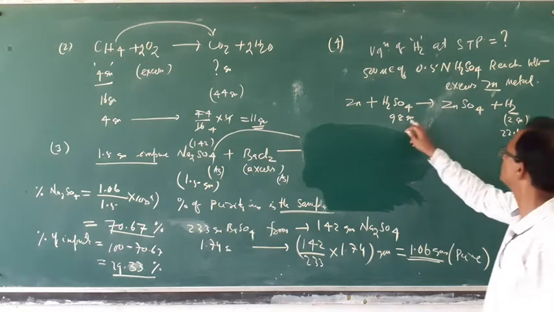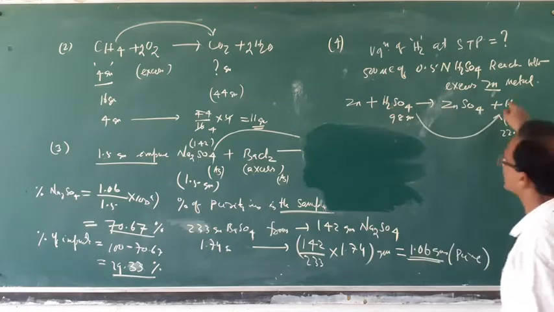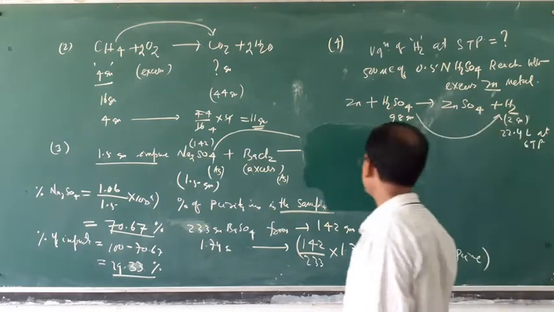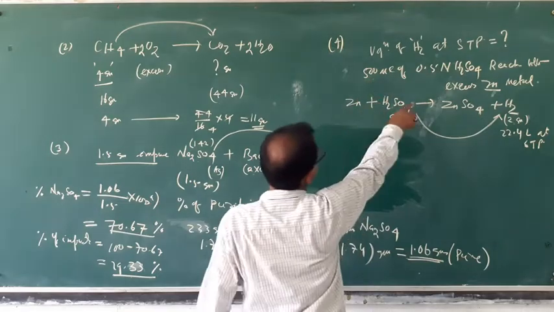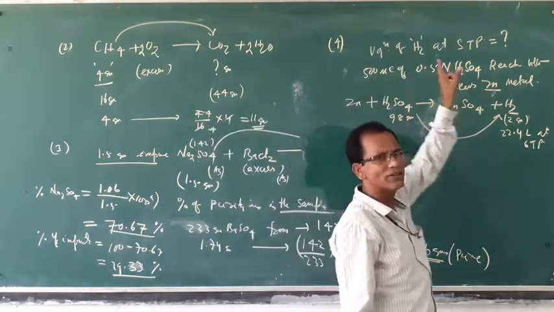So this is the relation between sulfuric acid and hydrogen as per the question. But the question does not give the mass directly. The question gives volume and concentration.